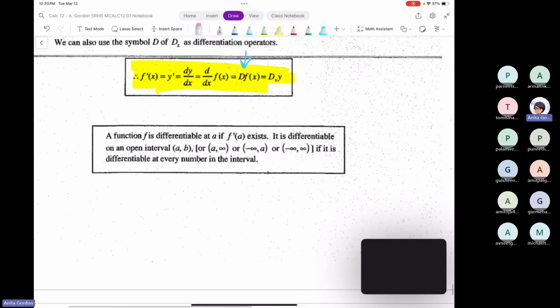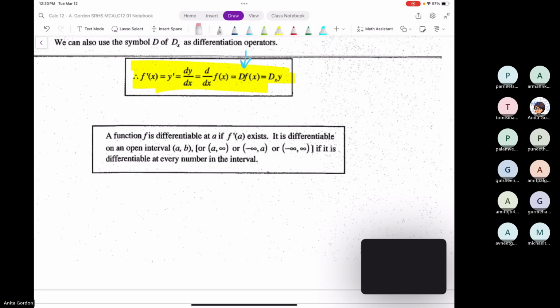Okay? A function is differentiable only if f prime of a exists. What's f prime? What is f prime? If f prime of a exists, if the limit at a exists? No. What is the definition of f prime?